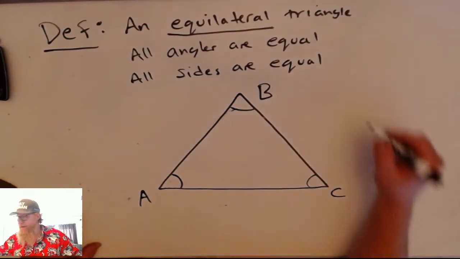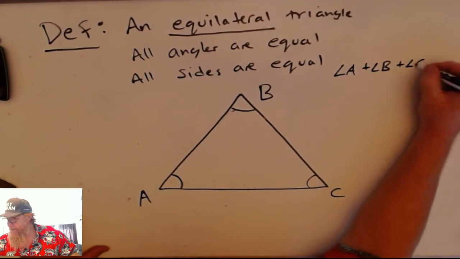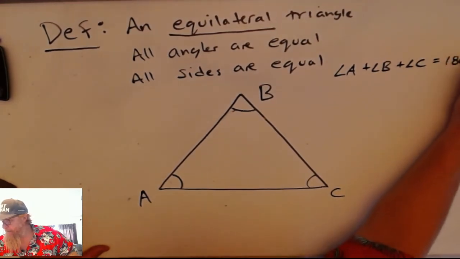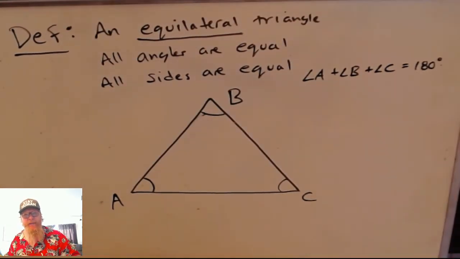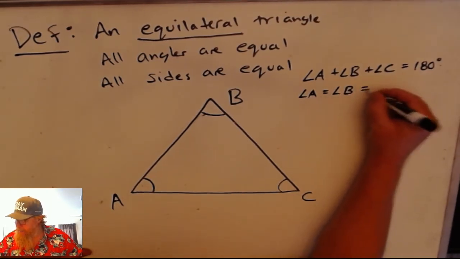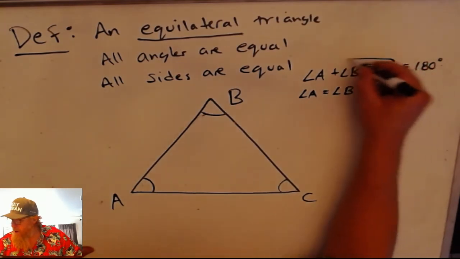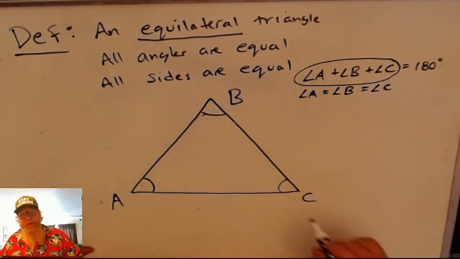Okay. So remember, angle A plus angle B plus angle C is equal to 180. Angle A is equal to angle B is equal to angle C. So these are all three equal to each other.